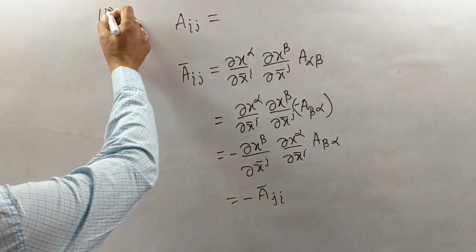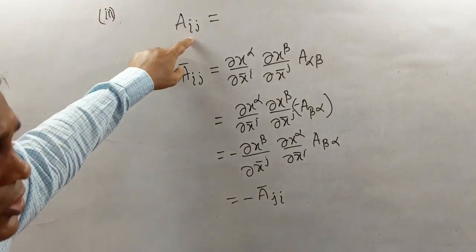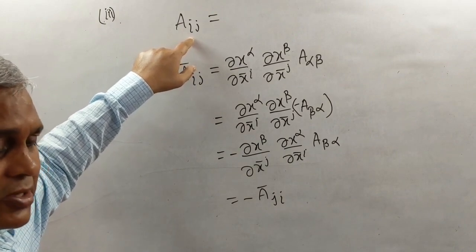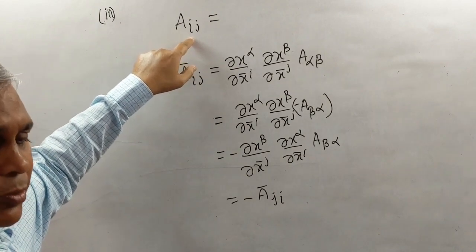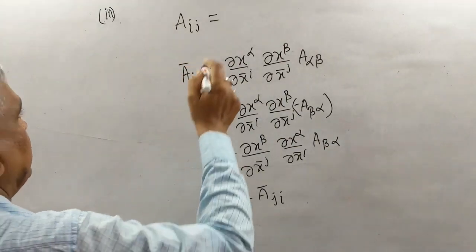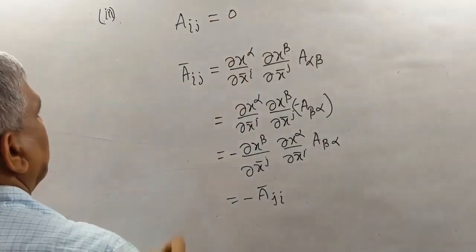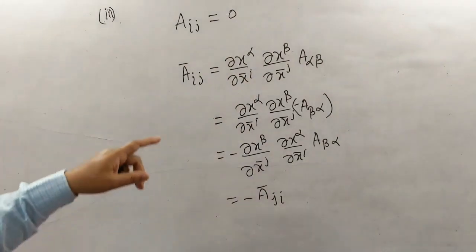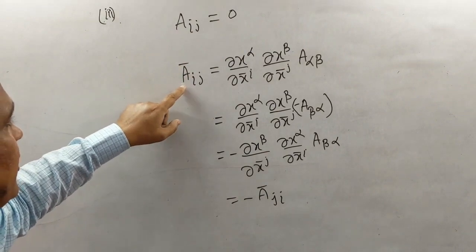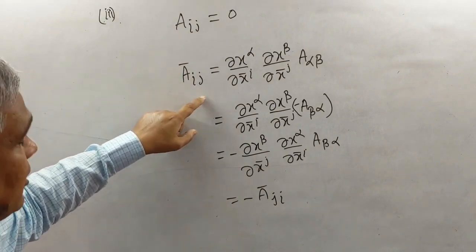Let Aij be a second rank tensor in X system of coordinates. Let Aij equal to 0. The corresponding value of Aij in X bar system of coordinates is A bar ij.